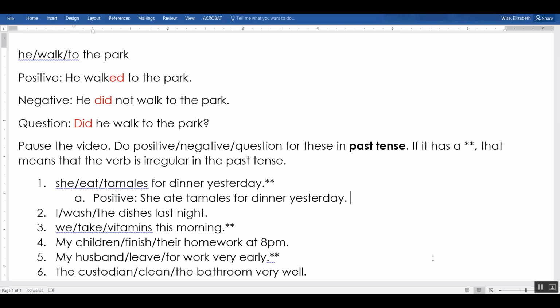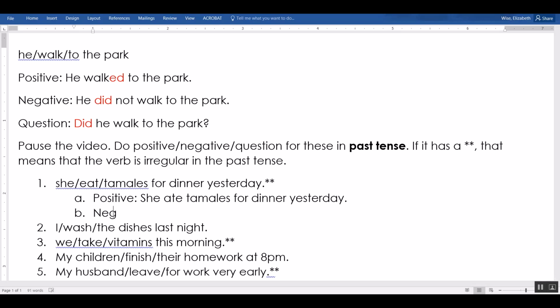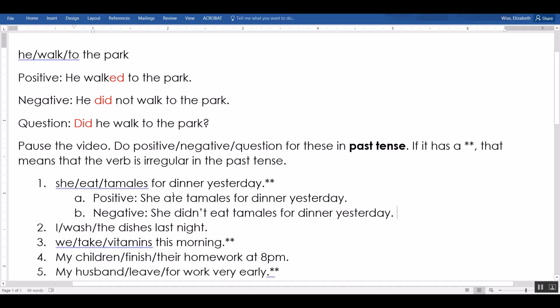All right, so pause the video and do these activities, and when you come back, we'll check them together. Okay, so it's time to check our answers. We already did the positive for number 1. The negative is going to be: she didn't eat tamales for dinner yesterday. So remember, she ate is the irregular past tense of eat.